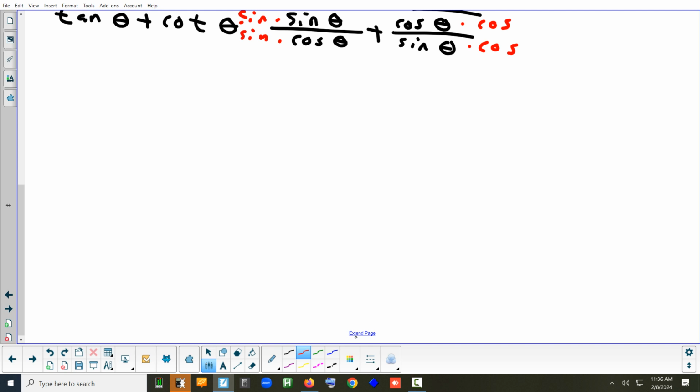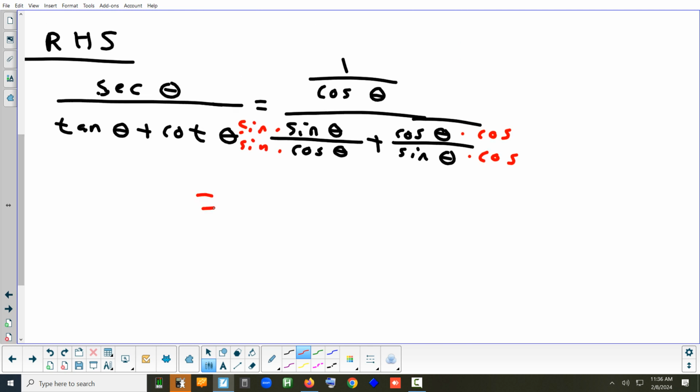So, in the result of that, the top's just going to hang out for a while, 1 over cosine.